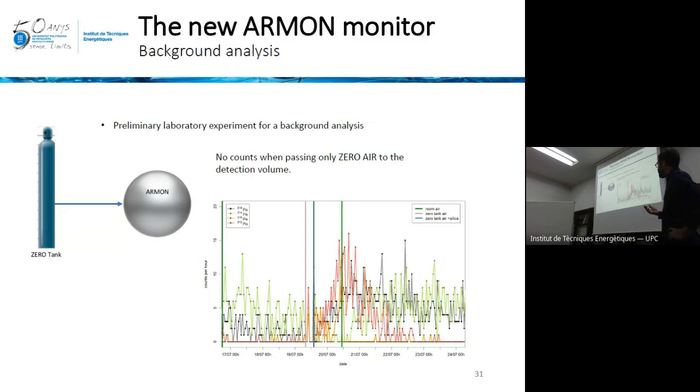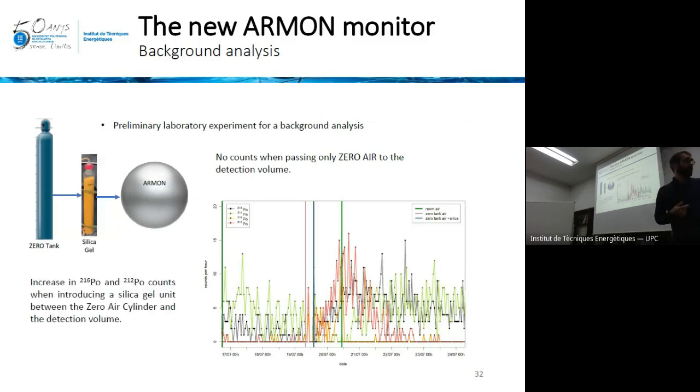And then we introduced silica gel, and what we could see is that here, in the red, where we introduced silica gel, there was an increase in polonium-218 and polonium-214 counts. These counts are affecting the total uncertainty of polonium-218.